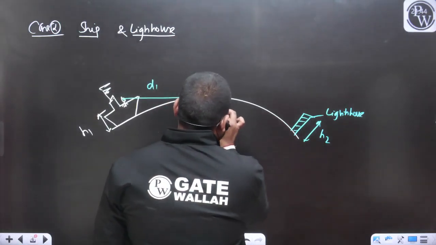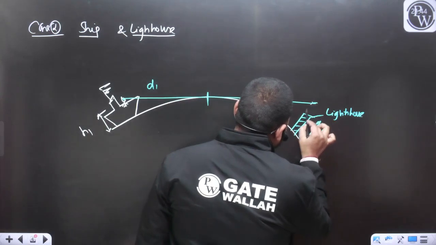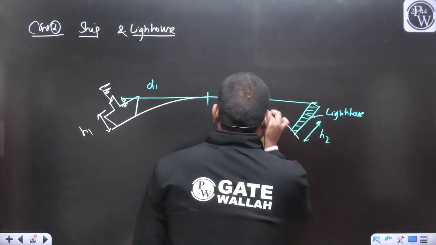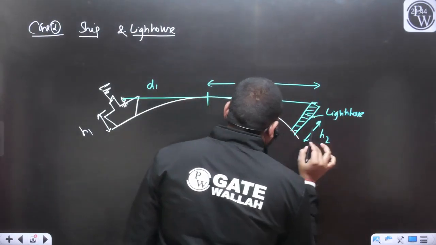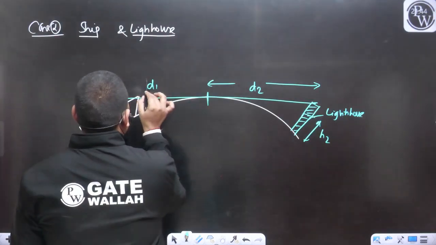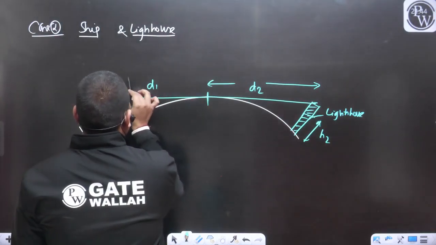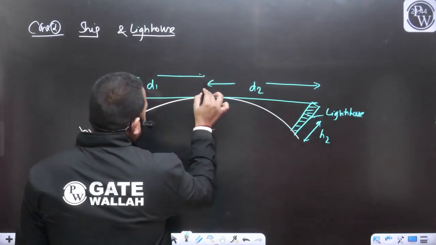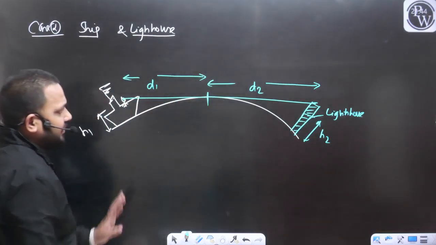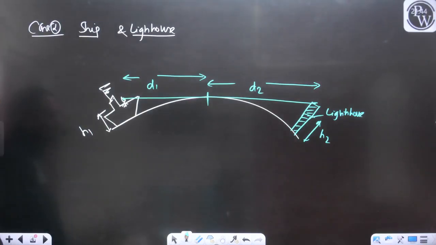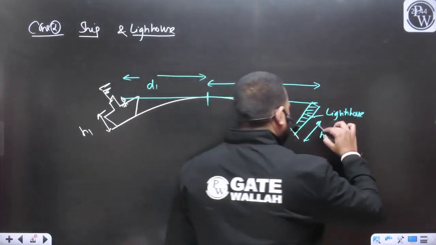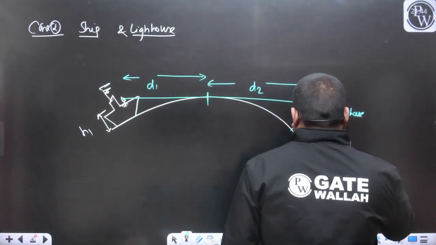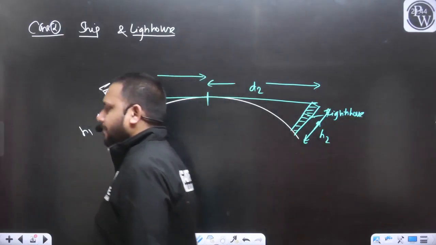So can I say this distance should be equal to d2? From this height h2, you will be able to see the distance d2, and from this height h1, you will be able to see the distance d1. So this is going to be d1 and d2. This is the practical application of geodetic leveling, as you can see.